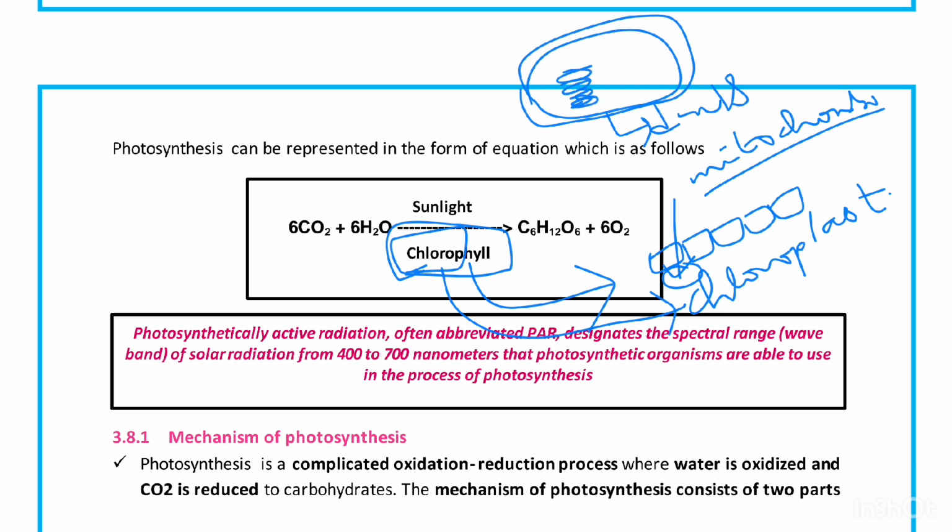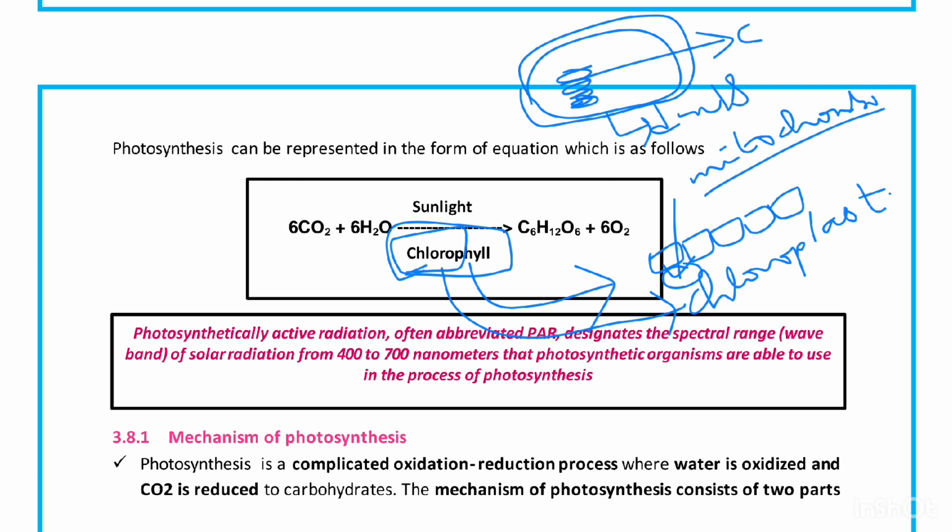Inside these thylakoids, we have chlorophyll. Chlorophyll is basically a pigment, present inside the thylakoid of the chloroplast.